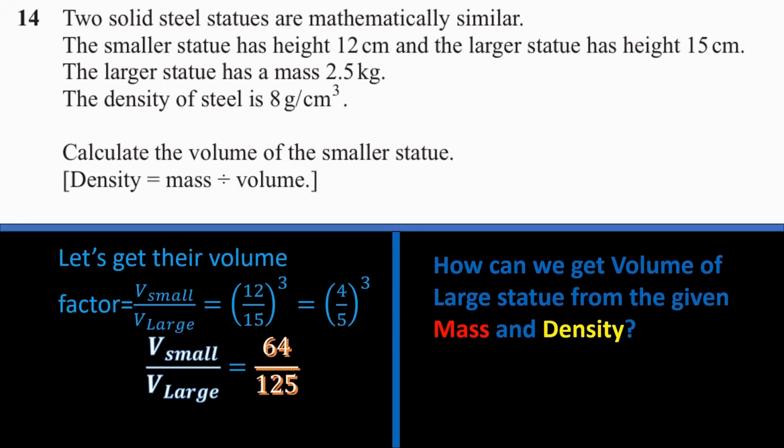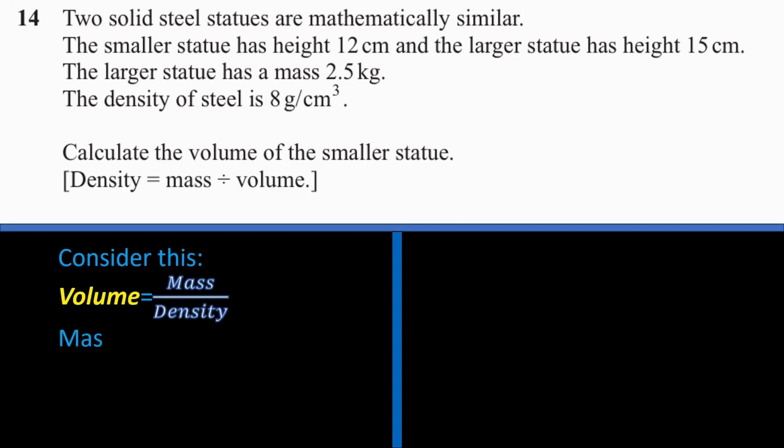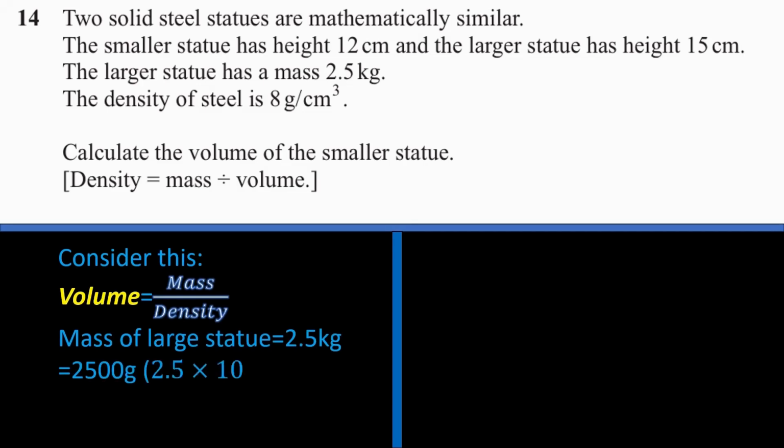So with this information, how can we go ahead to get the volume of the large statue? So we are going to see now how we can get that. So we are going to consider the volume relationship. That is, if we make volume the subject, it gives us mass over density. That formula is key. Volume is mass over density.